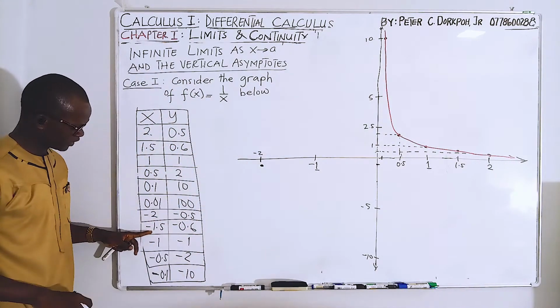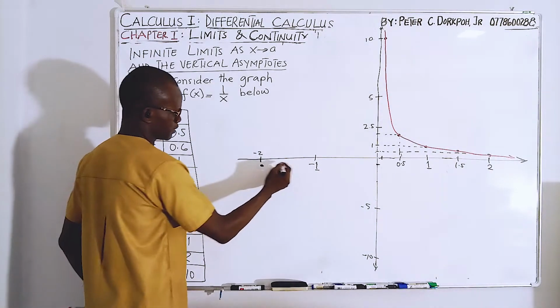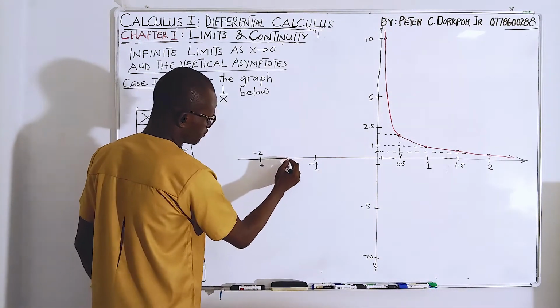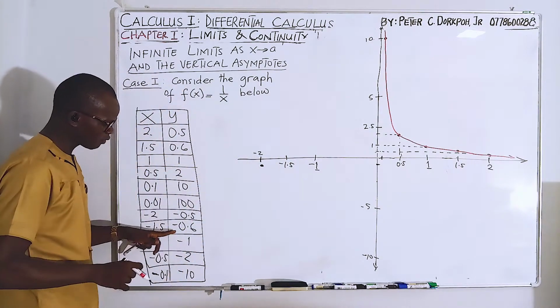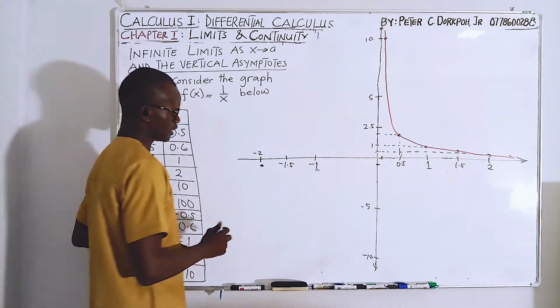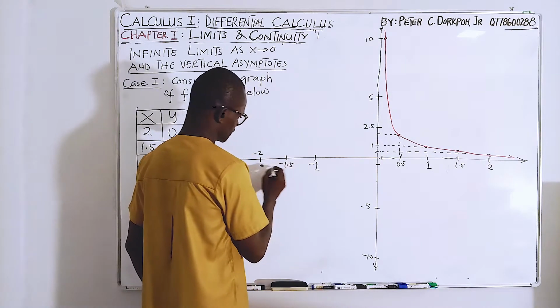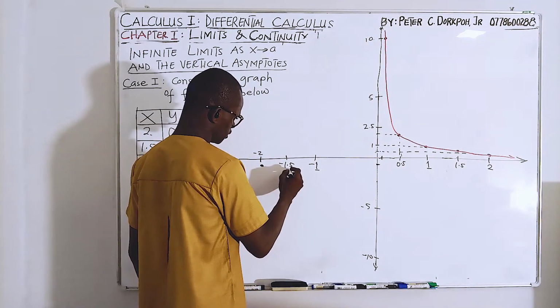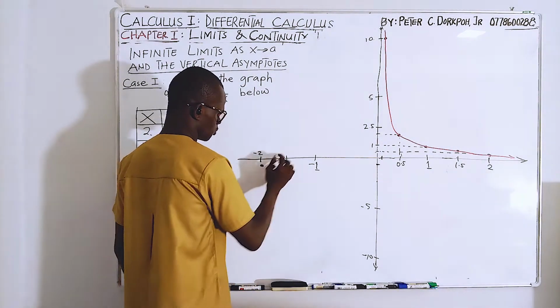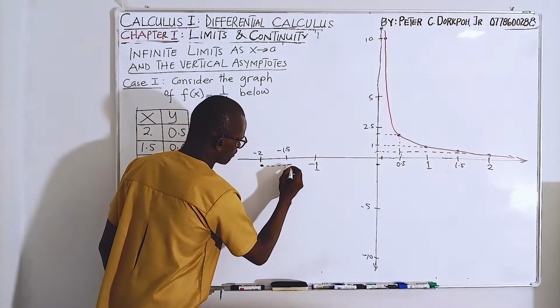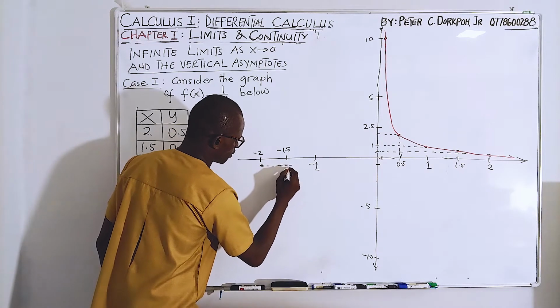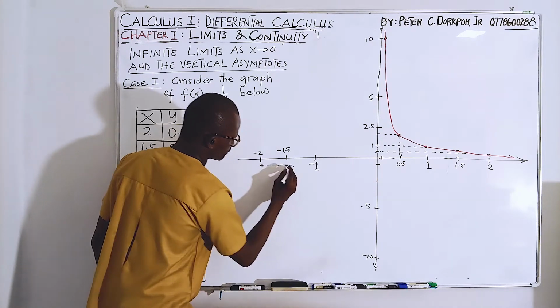When x is minus 1.5, which is between here, what is y? Y is negative 0.6, which is just slightly below this one. So we put negative 0.6 slightly below it.